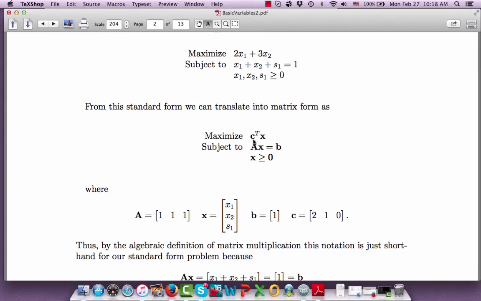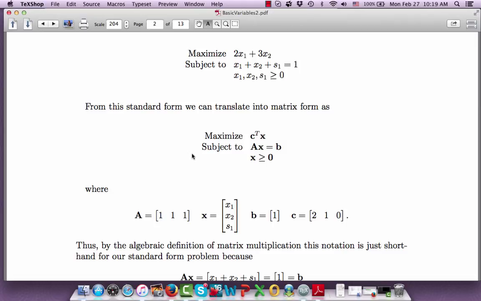We maximize C transpose X. That's just a fancy way of taking a dot product of the vector C and X. Since we're thinking of these as matrices, C is a 1 by 3 matrix, so in order to multiply it by X and have it make sense, we have to multiply it by the 3 by 1 matrix. So you just take 2x1 plus 1x2 plus 0s1, and that gives us the objective function.